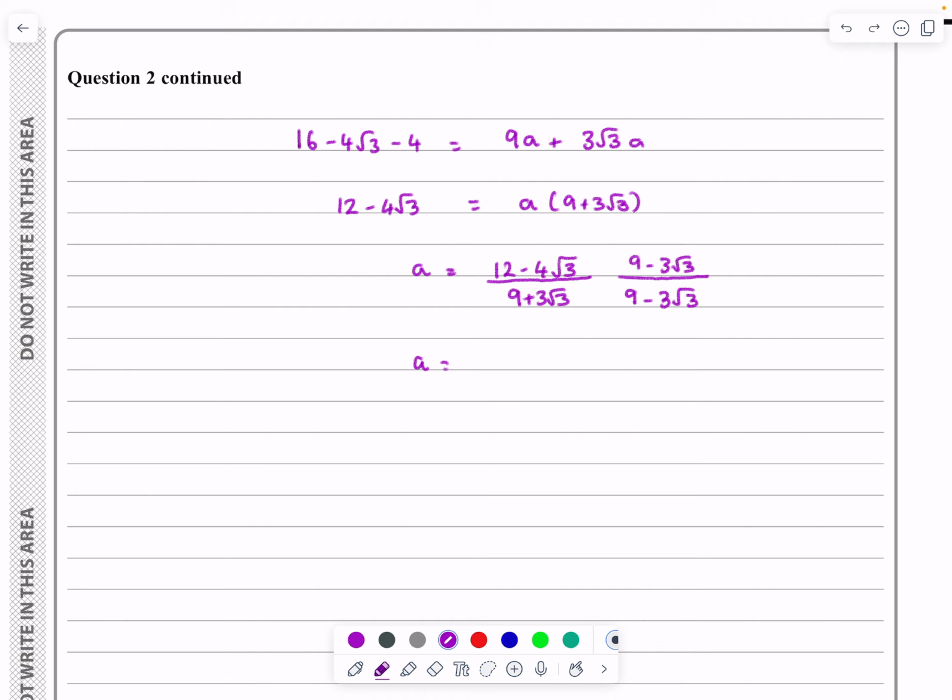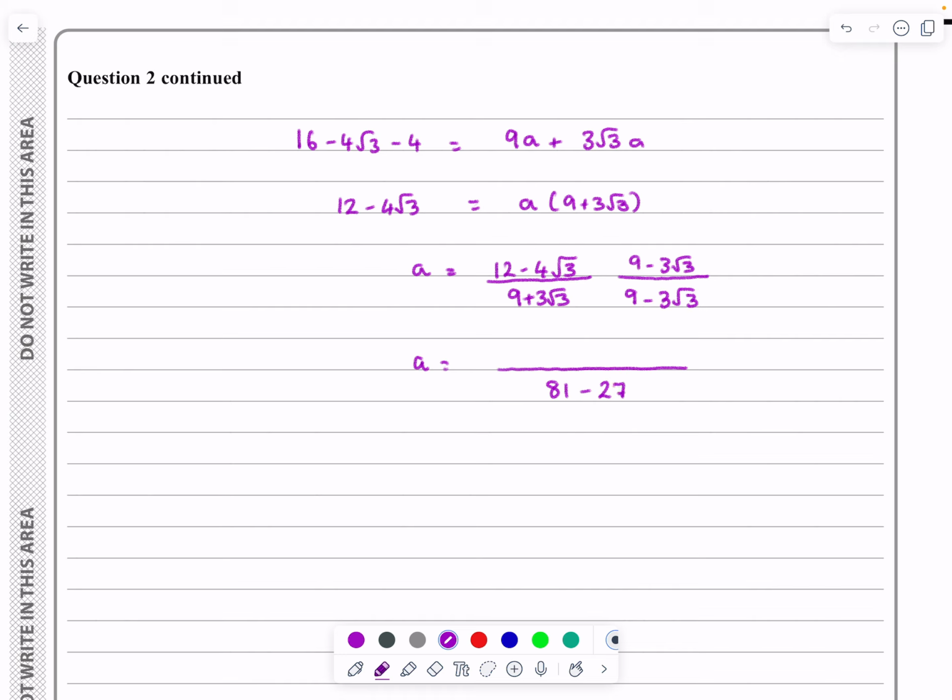But the bottom, the denominator at least, when I'm doing that bit, I'm going to get 9 times 9, which is 81, minus these two times together. I don't need to worry about everything else because the whole idea about rationalising is that that works out. 9 times 9 is that. 3 root 3 times 3 root 3 works out to be 27. So I'm getting 81 minus 27 on the bottom.